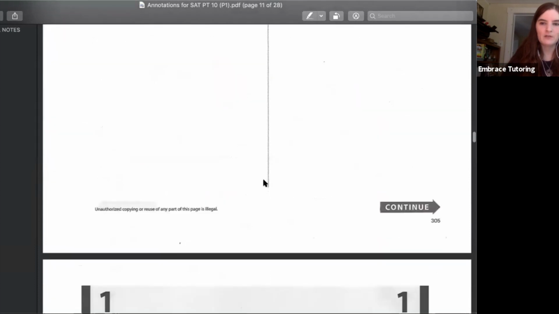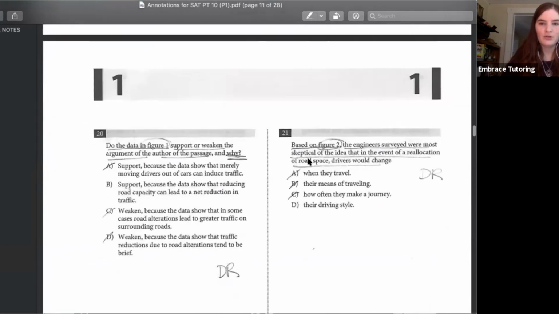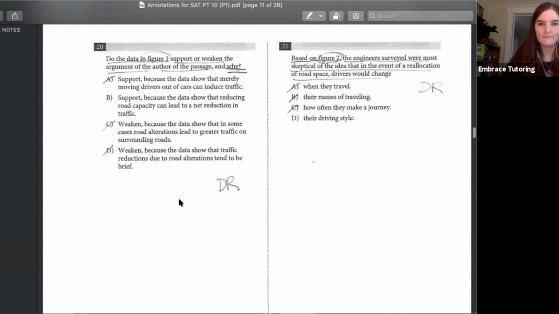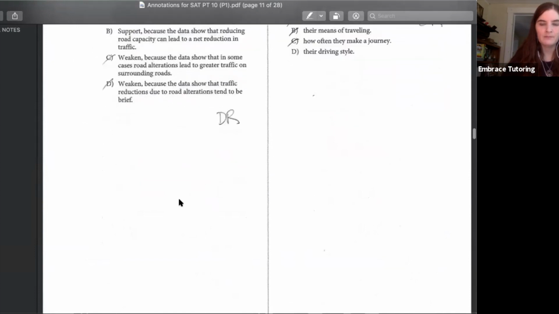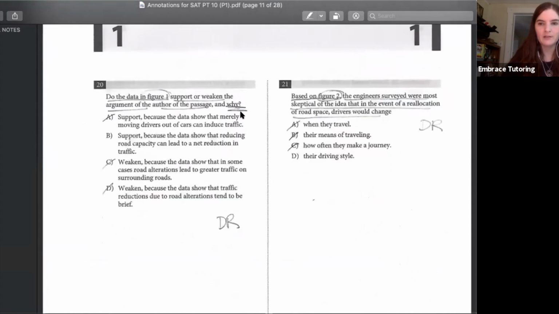So let's take a quick look. You should be circling things like figure 2, figure 1, like I did here for the data response type questions, and underlining. You don't have to do double underlining unless I just ended up doing that.